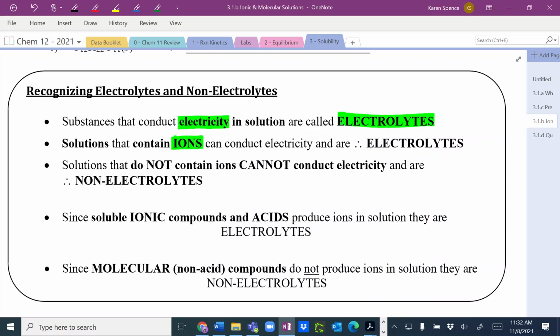Solutions of what kinds of compounds will conduct electricity? Ionic solutions, also solutions of acids, okay? So soluble ionic compounds and acids are electrolytes. But if you have those molecular compounds that are not acids, those are non-electrolytes and they will not conduct electricity.